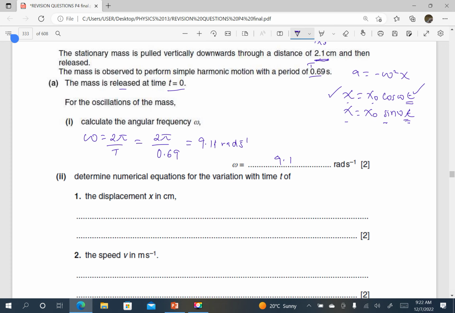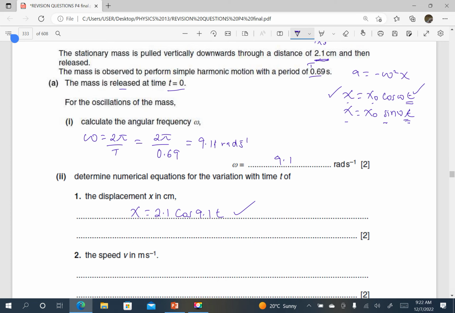We also have the amplitude as 2.1. So I'll just write this, because they want x in centimeters: x equals 2.1 cos 9.1t. That is the first equation which they want.